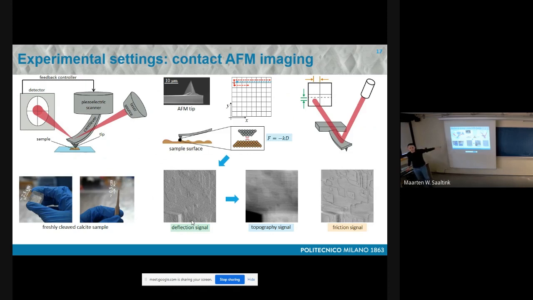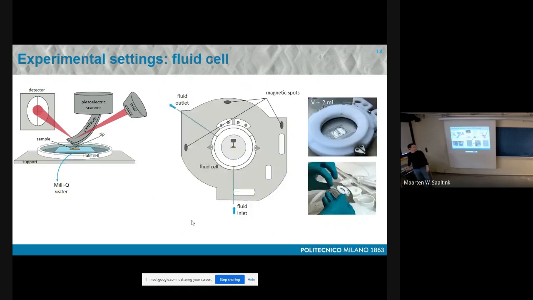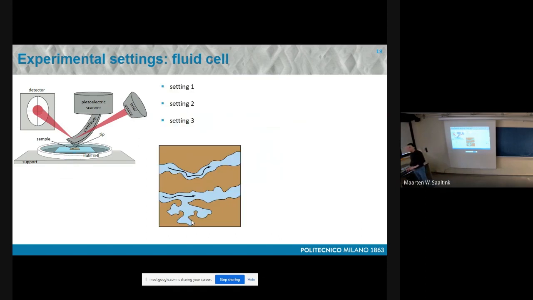And this is Chiara holding the sample in the lab. It's just another view of the system, to give you an idea about the fluid inlet. We use as a solution, at least in these experiments, milky water, and the volume in the cell is on the order of 2 milliliters. So we tested 2 settings.